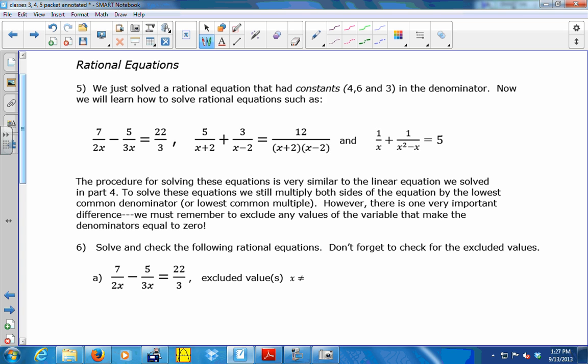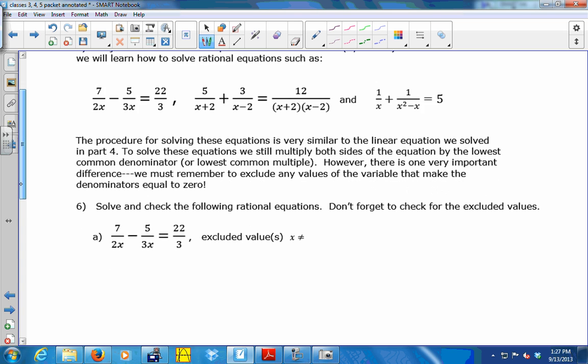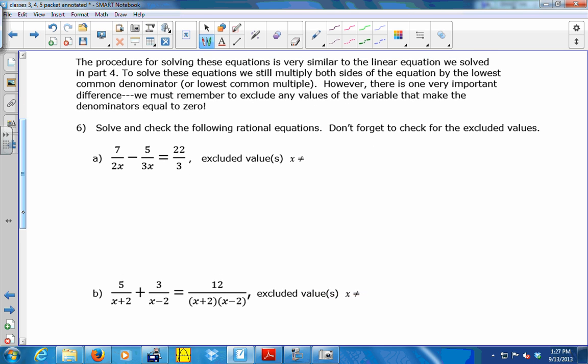These are just some examples. So the procedure for solving them is very similar to the one we solved in question 4. We still multiply both sides of the equation by the lowest common denominator. However, there's one very important difference. We have to exclude any values of the variable that make the denominator 0.